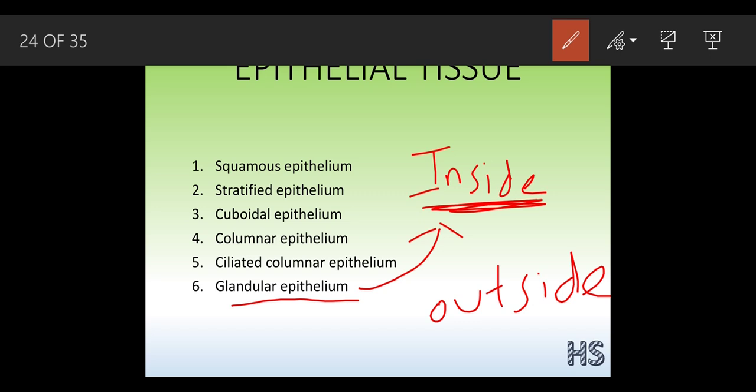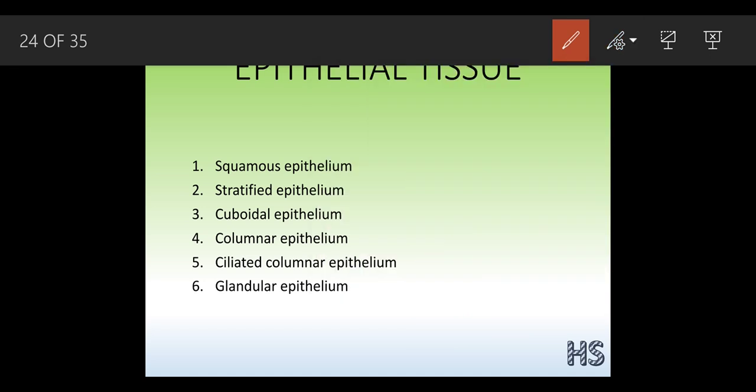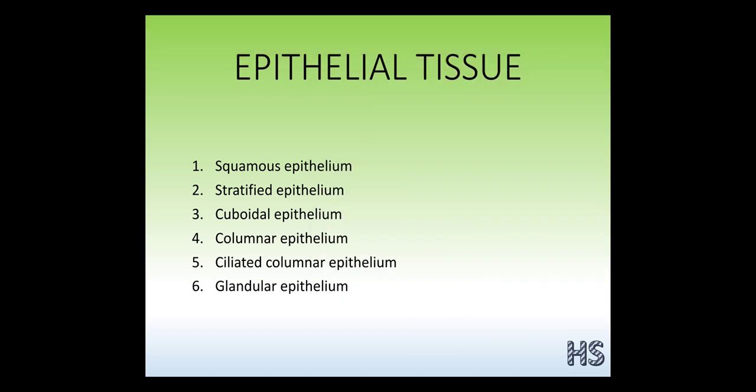Whenever we go to play, or whenever we do any other physical exercise, our body secretes a lot of sweat. So that is outside. So there are two types of secretion: the secretion of saliva inside our mouth, and the secretion of sweat outside the body. So this was all about the 6 different types of epithelial tissues.